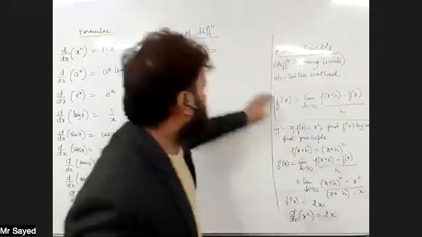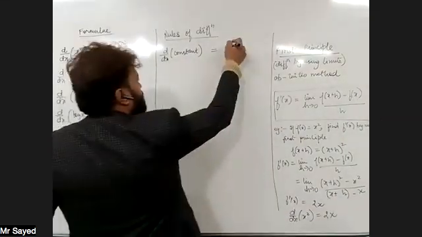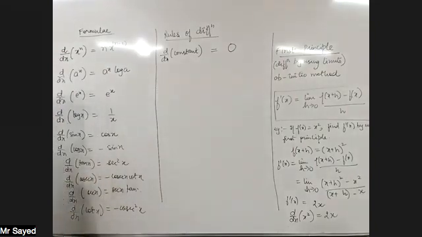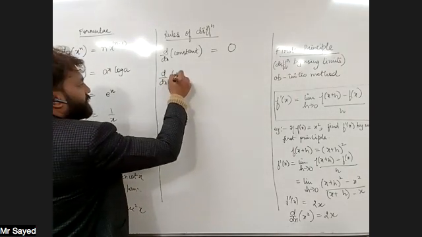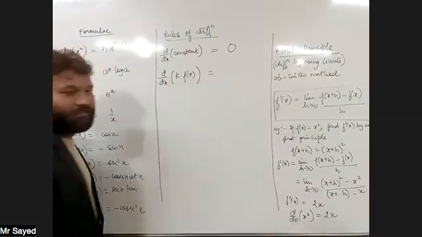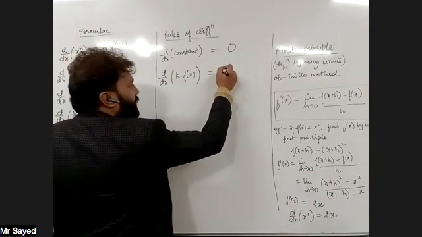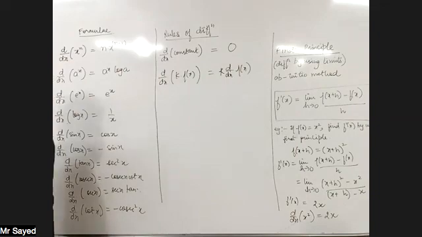Rate of change. Does a constant change? So what will be its differential? 0. The differential of a pure constant function is always 0. But if the constant is multiplied with a function, k into f(x), then k will be written outside and we will differentiate only the function.